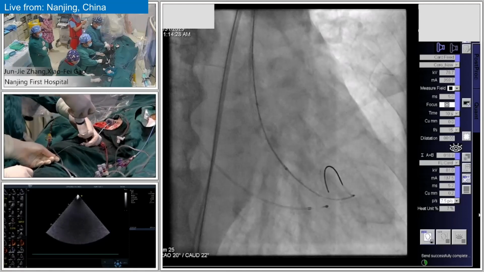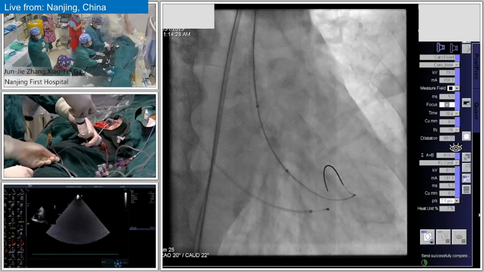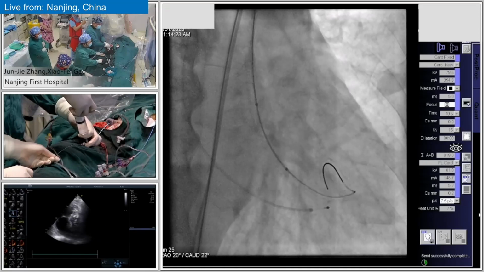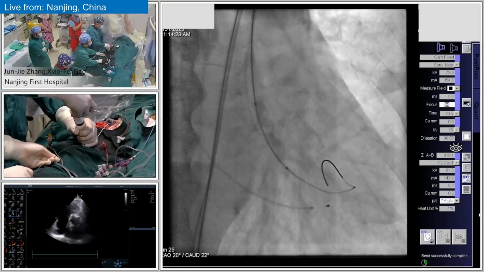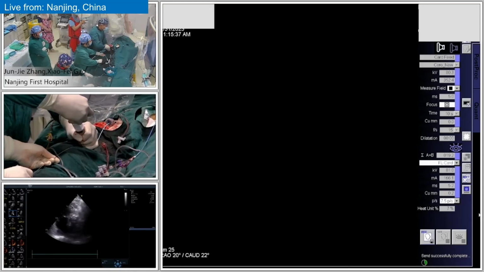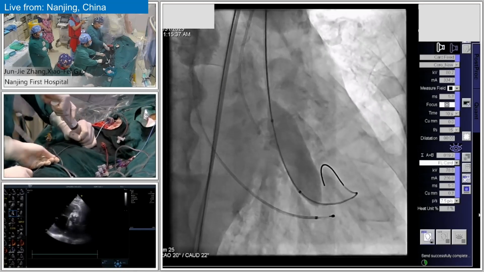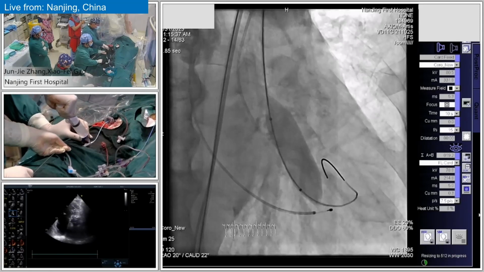Okay, rapid pacing. The BP decreased, maybe still a little high. Okay, good. A little slower. Stop pacing.